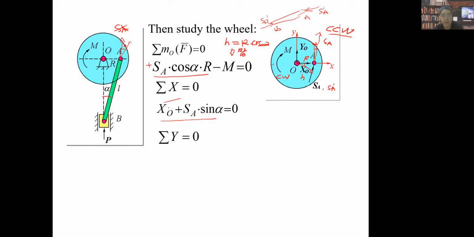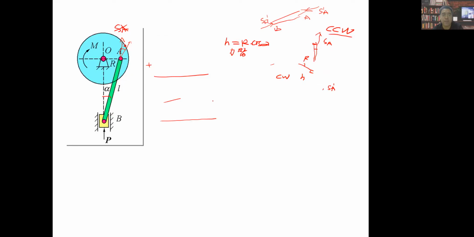And once again, we have sigma Y equals 0. So we have YO plus SA times cosine alpha. So from this equation we have M equals PR. Why? Because we have SA. We can copy SA's value from the last page.